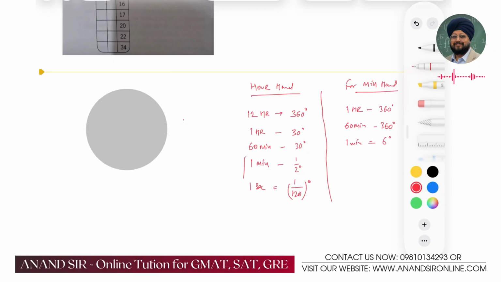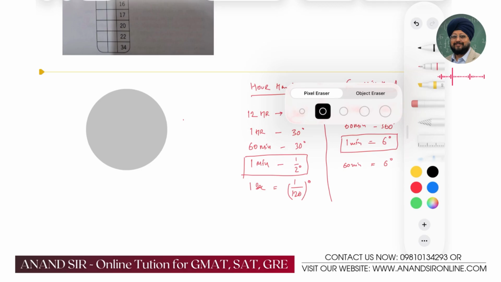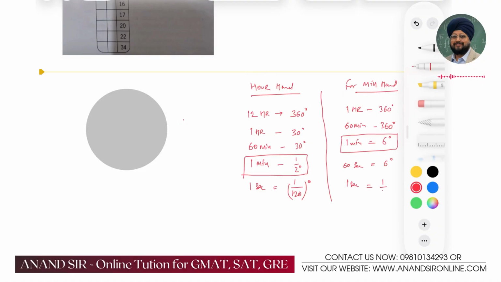Here, in 1 minute, it is covering half a degree, and here it is covering 6 degrees. That is, in 60 seconds, it covers 6 degrees. So in 1 second, it covers 1 by 10 degrees. So this information is all given in the question.